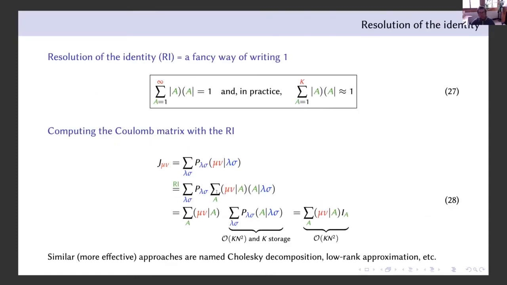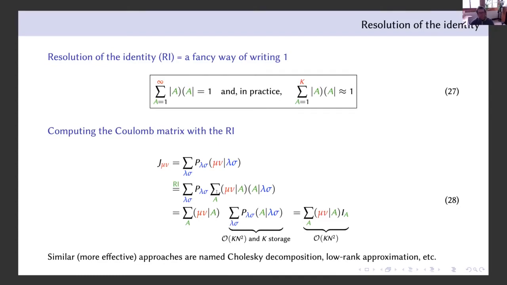So people have designed tricks to do it faster, lots of tricks actually. One of them that I want to talk about today is the resolution of the identity, which has many, many different names depending on how you do things. There are many variants, and I'm not going to talk about them today, but there are many different flavors of RI, the resolution of the identity.